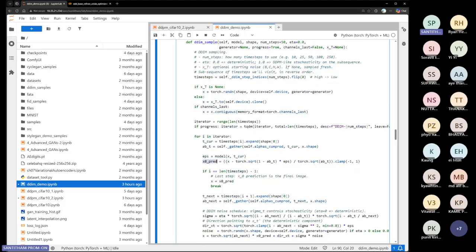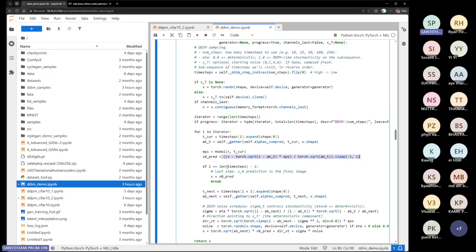Actually, if you look at the slide, there will be the prediction of x0 in the slide as well. Should be in the page non-Markov diffusion process. Xt minus square root of 1 minus alpha times epsilon, divided by square root of alpha. And this is the prediction of x0.